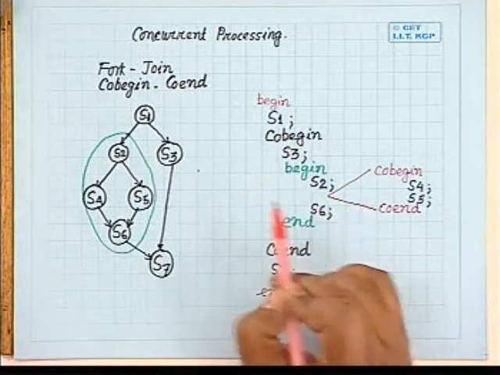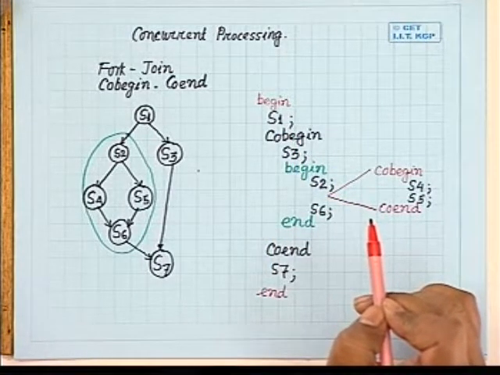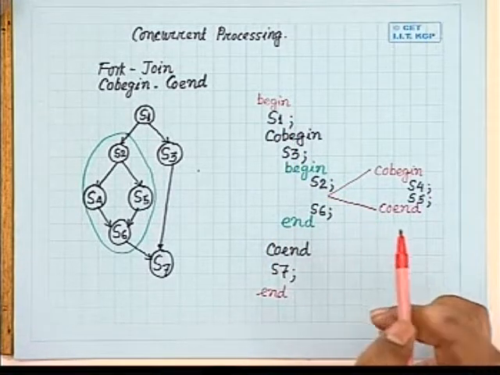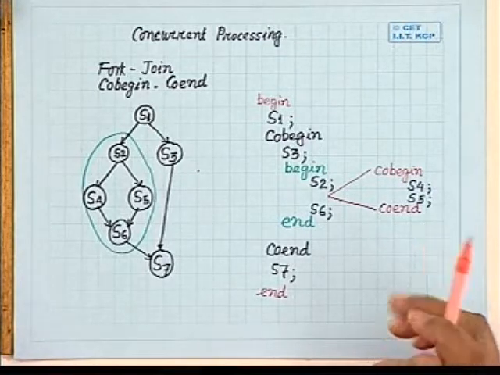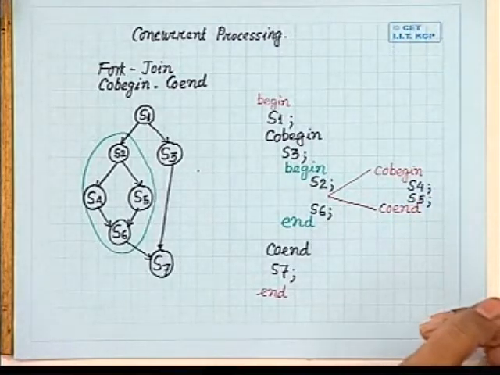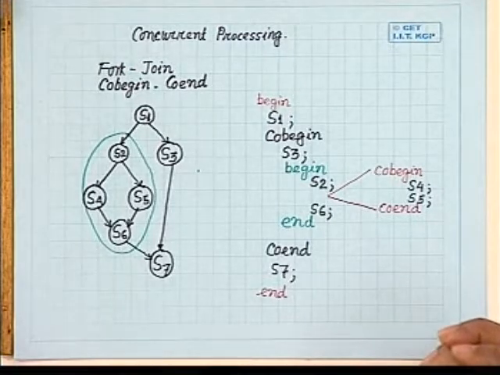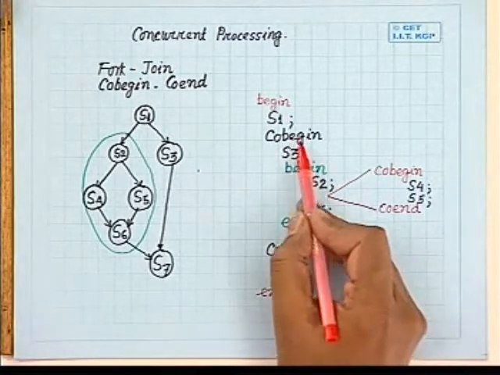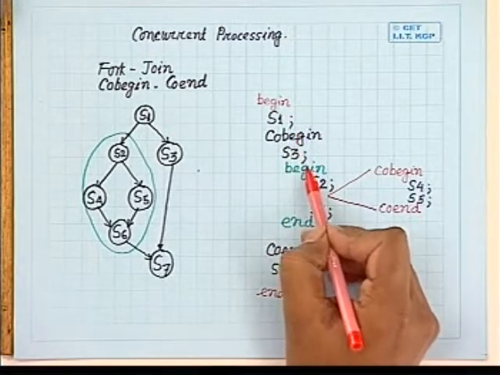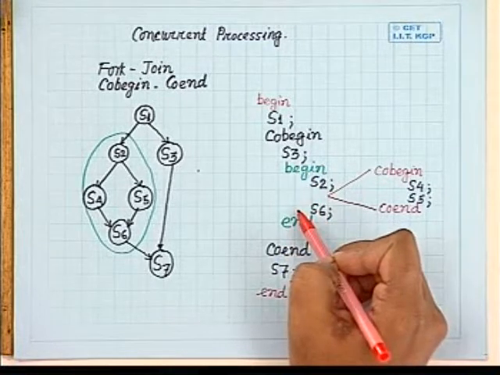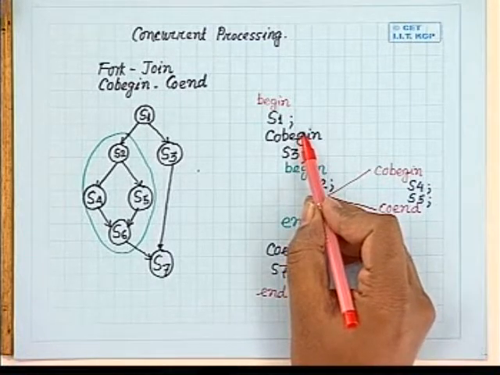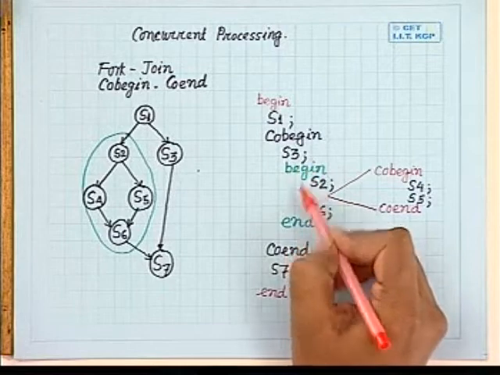What will the parent process do during that time? In case of fork join structure, we have seen that both the parent process and the child process execute concurrently. But in this case, the parent process, after creation of two child processes, will wait until all the created child processes terminate.